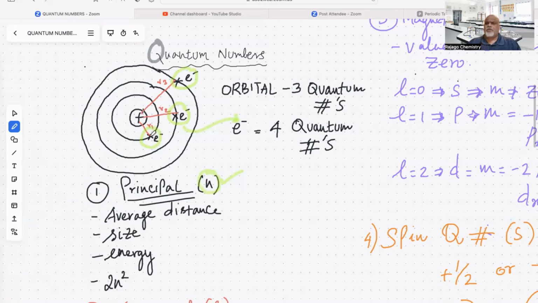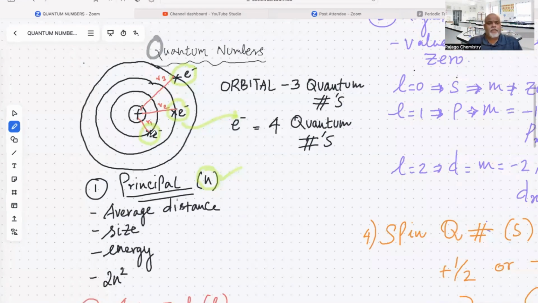It also tells you the size of the entire atom, and the energy of the electrons as well. Usually the energy of the electrons is higher when they are far away from the nucleus because they are not controlled by the nucleus. When they are very close to the nucleus, they are bound by the nucleus, so they are very low energy.